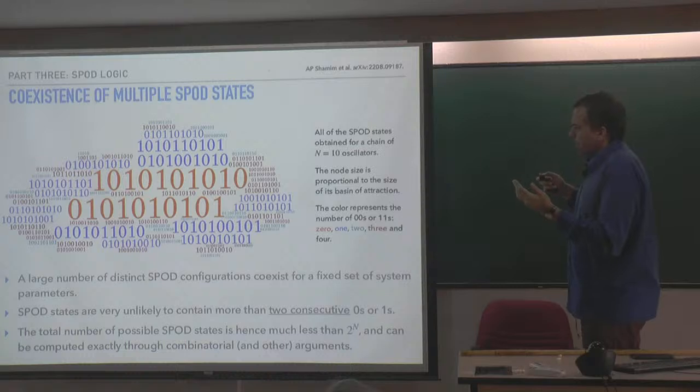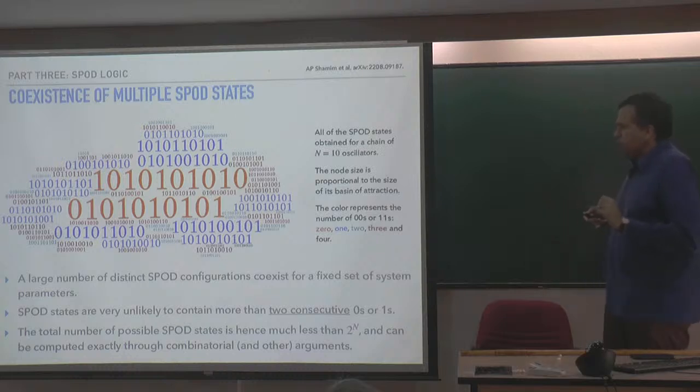However, in principle, if you have n oscillators, you could potentially have 2 power n spots, but that's not the case. It turns out that there's a severe constraint on the number of spots that you can get. This is because if you have, let's say, 3 consecutive zeros or 3 consecutive 1s, that means that the node in the center effectively has very low or almost negligible diffusion between its neighbors, which means that effectively it's uncoupled.